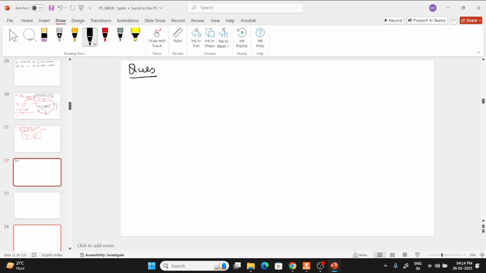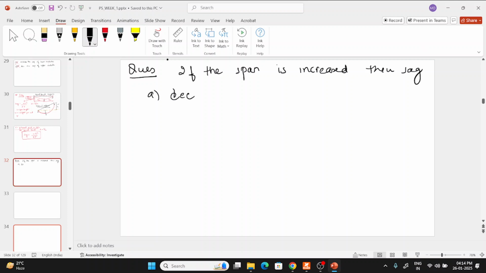I have a question, let's say: if the span is increased, then what will happen to the sag?